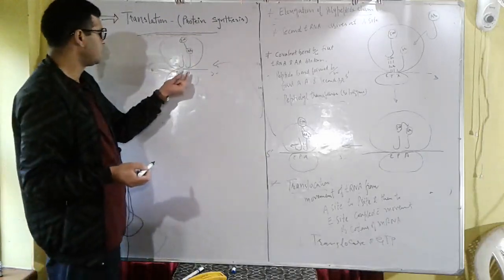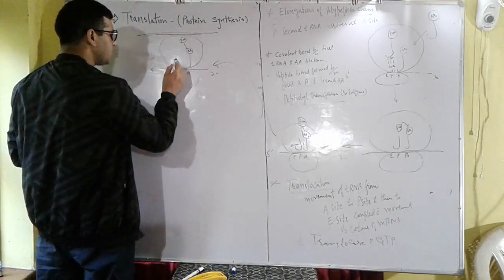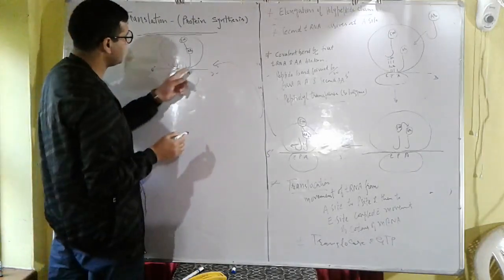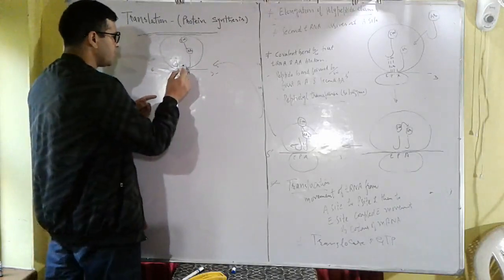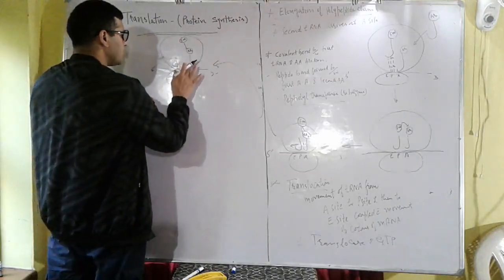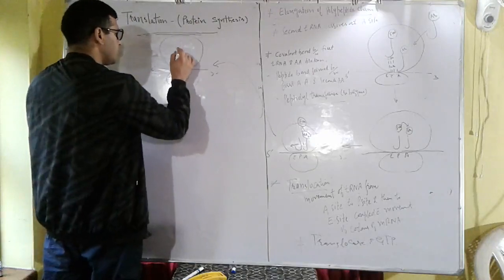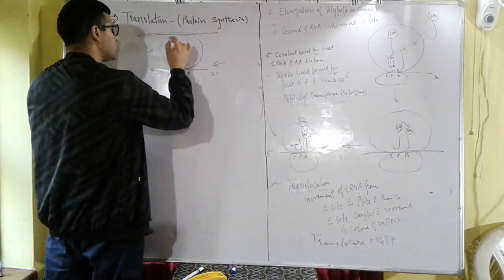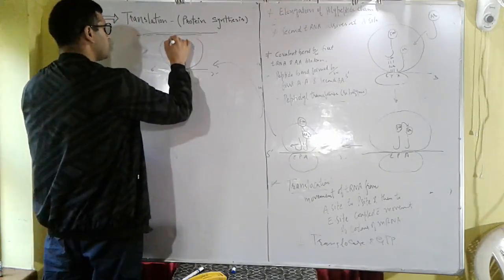Translocation means that this tRNA will get shifted to exit site, and the tRNA carrying the dipeptide is shifted to P site. It would be at the P site. This is known as translocation. Amino acid second, this is formyl methionine.